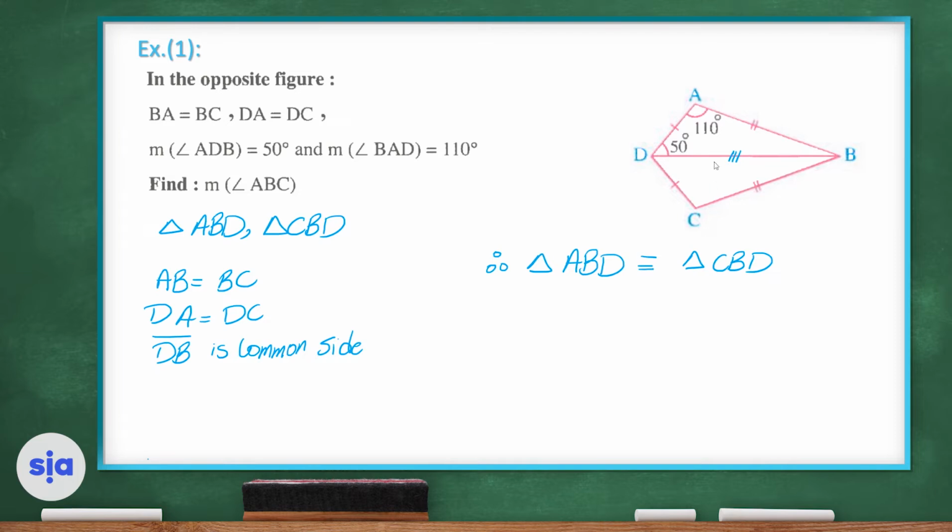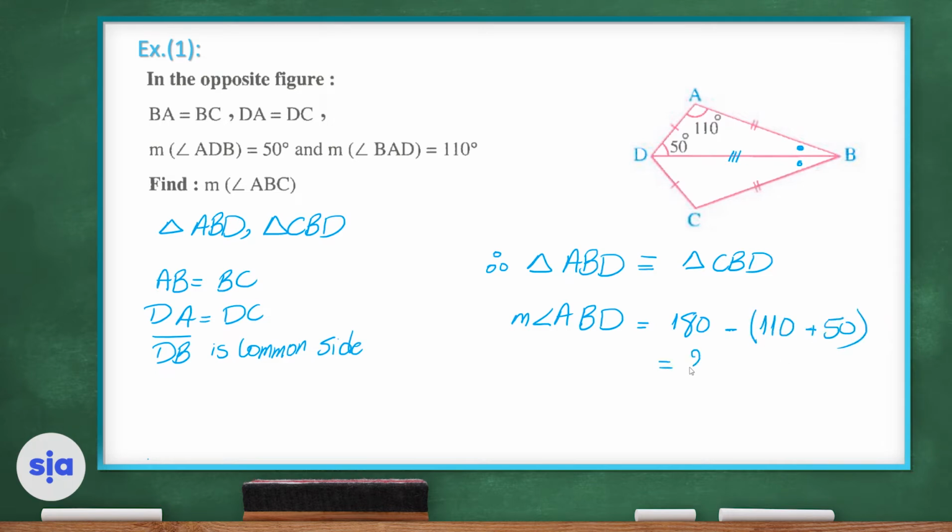Accordingly, you can see that angle ABD, which is this angle, is equal to this angle, and the measure of angle ABD is 180 take away 110 plus 50.